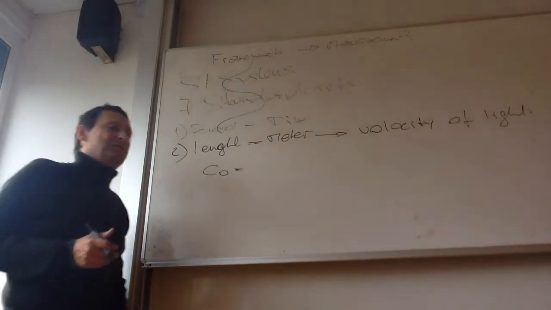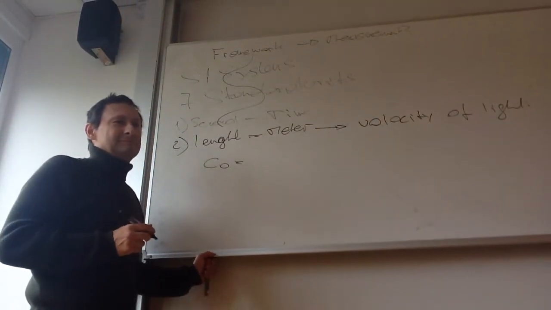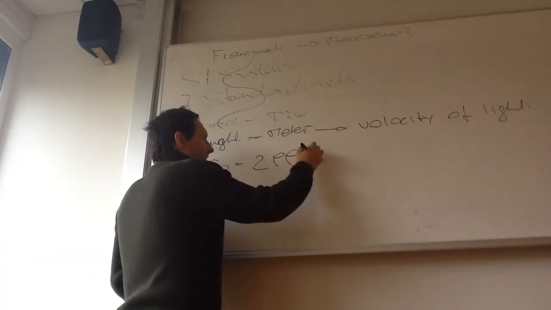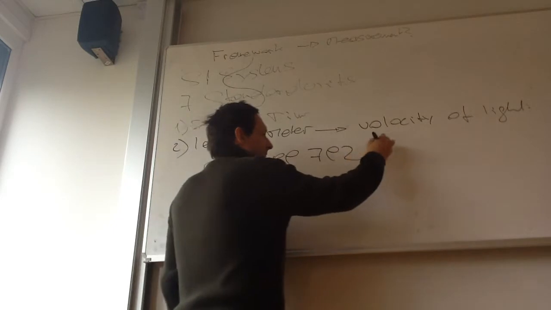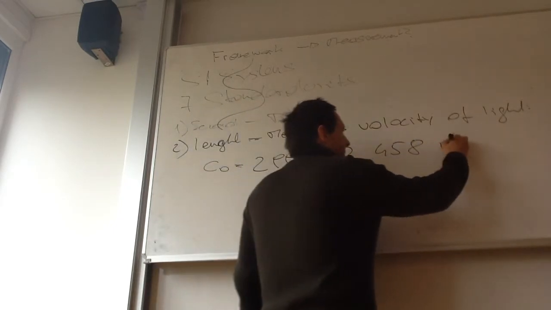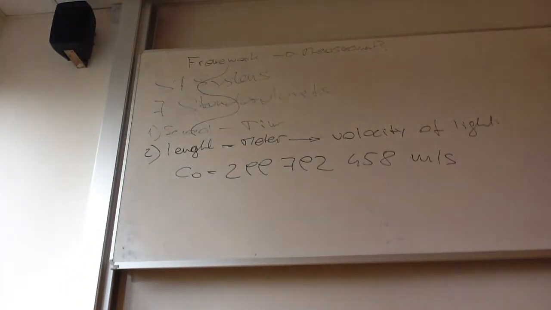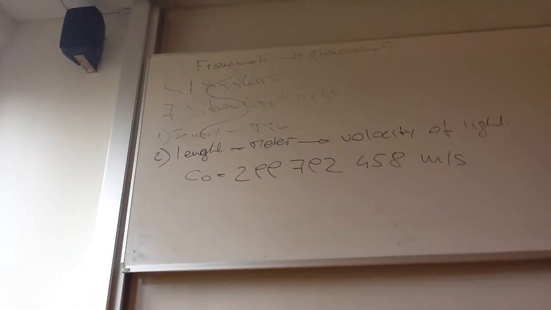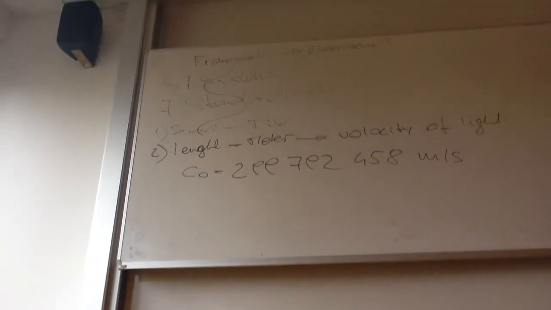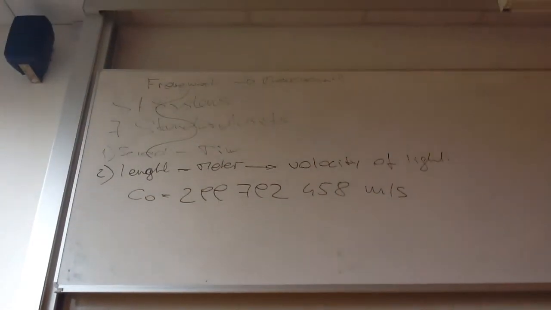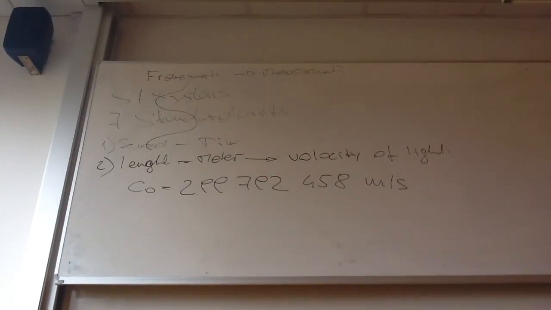There's another number for you. 300,000. And this was defined. Nowadays it's not useful to measure the speed of light, because it's defined to that number. There's no more discussion about the speed of light. It's defined to that number.